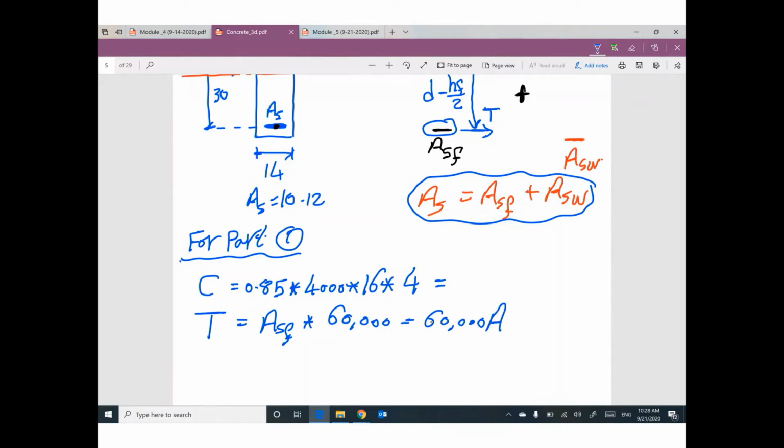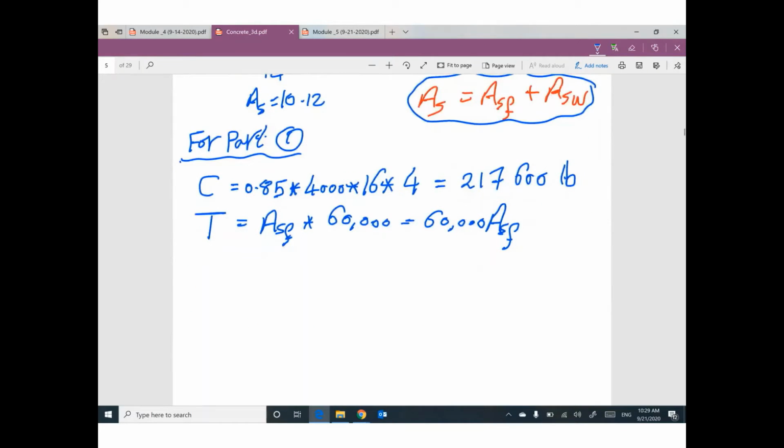And the capital C will be 0.85 times 4,000 times 16 times 4, equal 217,600 pounds. Both of them are equal, so 217,600 equal 60,000 times area steel flange, C equal T.